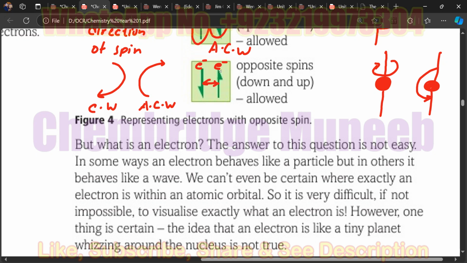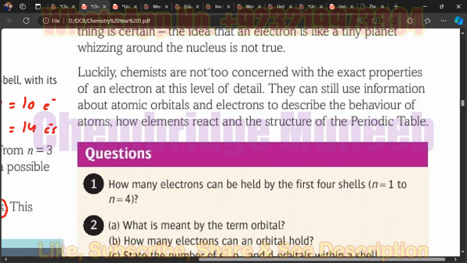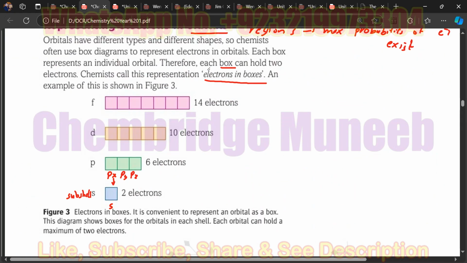But it can be minimized if their spinning directions are opposite. If their spinning directions were the same, they would have very high repulsion between them. Are you getting the point? Yes. So that's why the electrons are shown with opposite signs when placed in the same orbital.